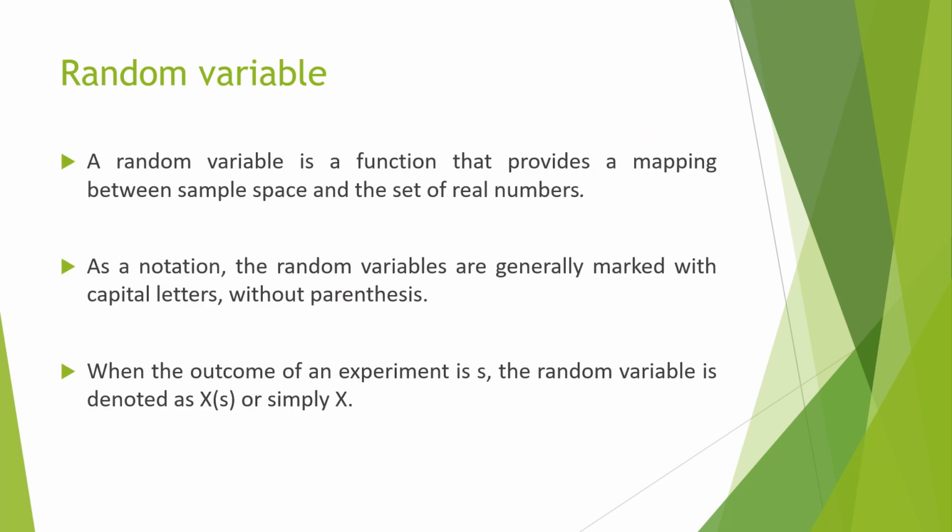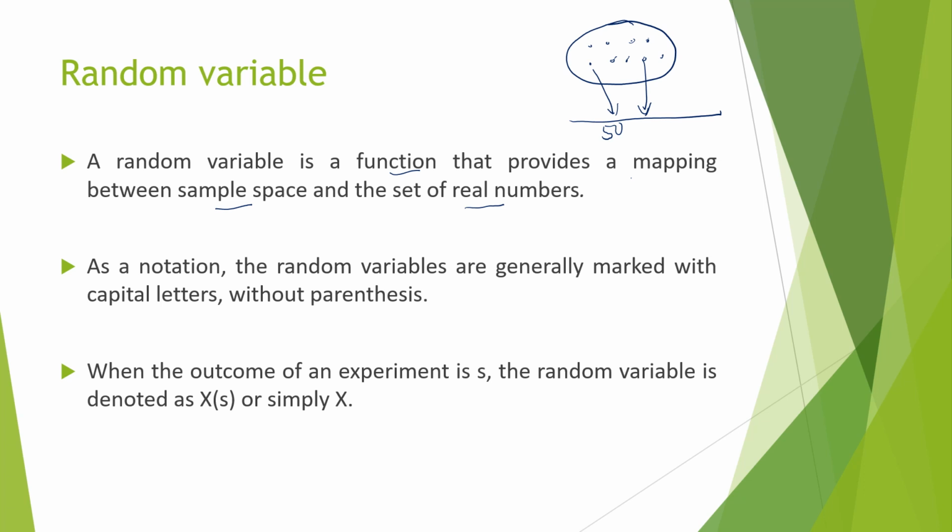So we define the random variable as a function that maps the sample space to a set of real numbers. Suppose I take a sample space like this with so many outcomes, as in the previous case, if these are students, then if you measure their weight on a real line and mark them, it gives us a real number. So the random variable is a function that maps the sample space to a set of real numbers.